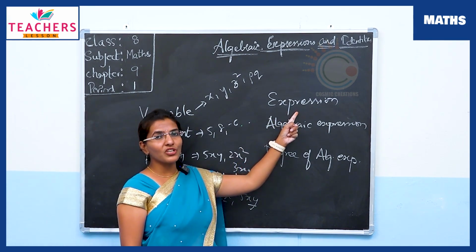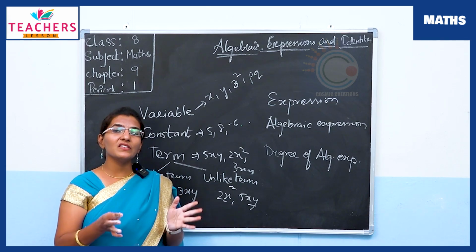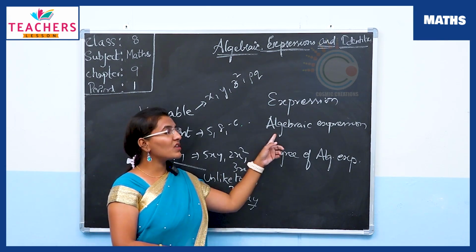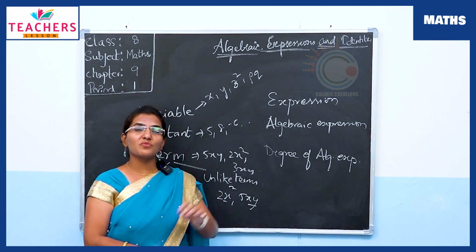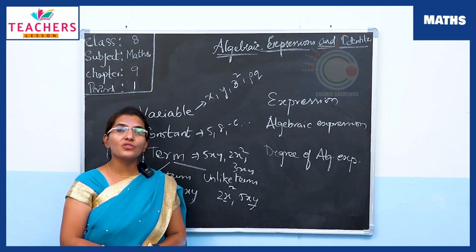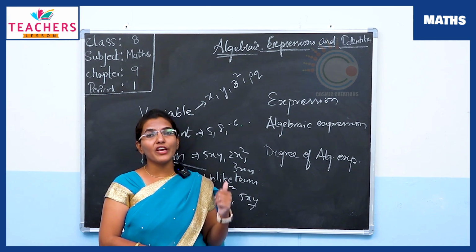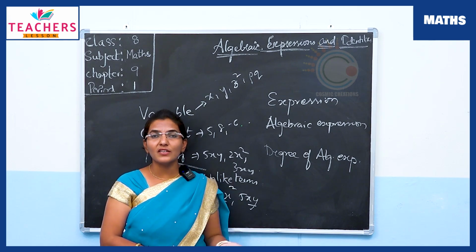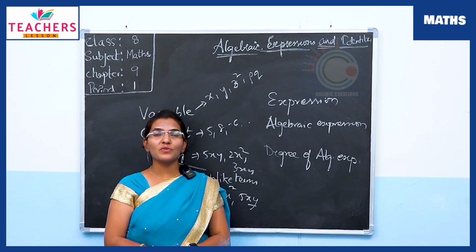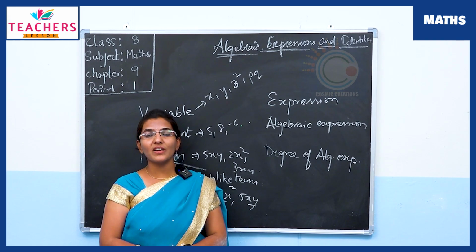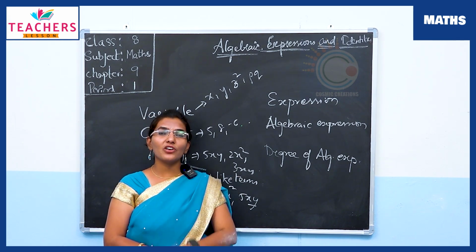Next, what is an expression? An expression is something that gives some particular value. And what is an algebraic expression? An algebraic expression contains variables, constants and terms together, expressed by using the basic arithmetic operations.